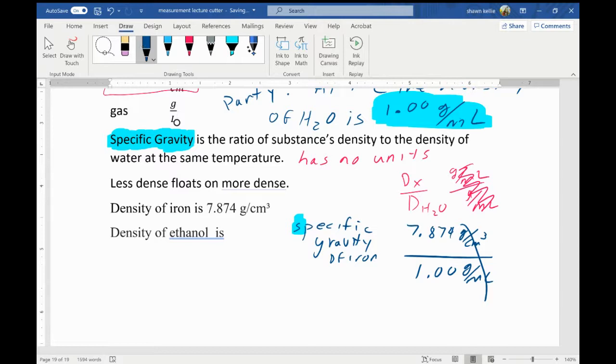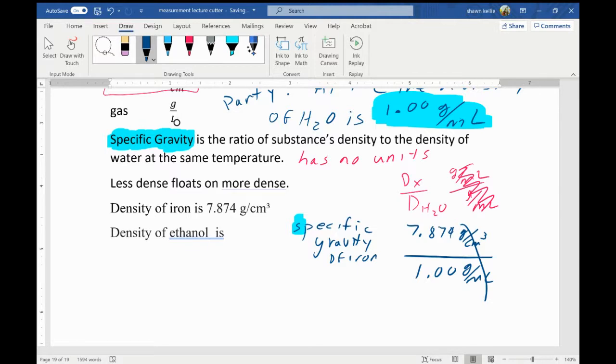So the specific gravity of iron would be 7.874. That would be the specific gravity of iron. The density of iron, 7.874 grams per cubic centimeter.